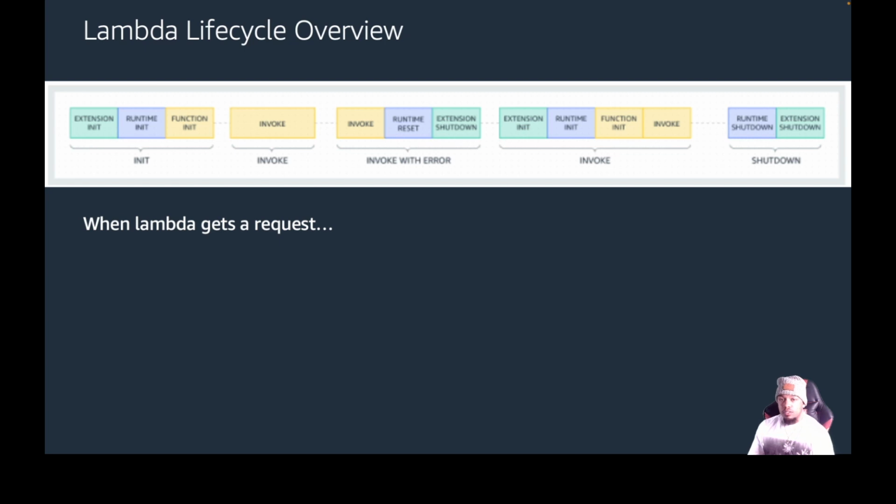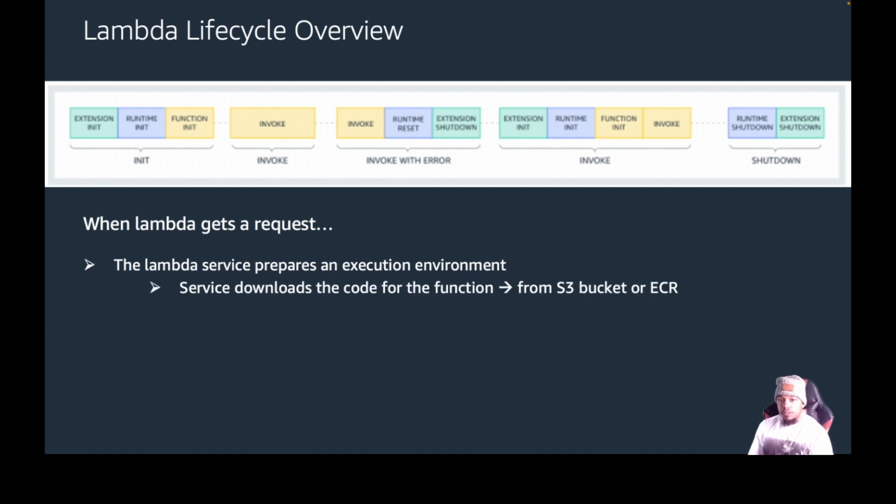When Lambda gets a request, the Lambda service prepares an execution environment for that particular Lambda function. As a part of preparing that environment, it first has to download the code artifacts from an S3 bucket. It might also be ECR if you are using the containerized packaging option for your Lambda function.